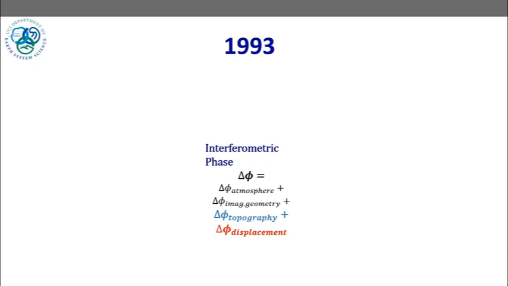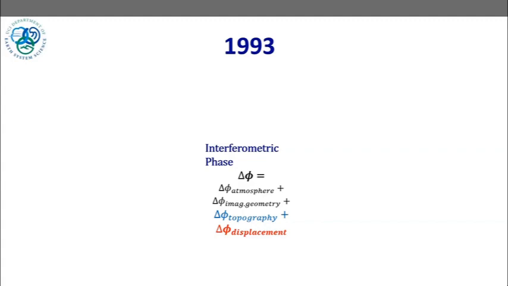But if you take the difference between two images and form the phase image, it turns out that this phase signal is sensitive to atmospheric changes. It's sensitive to the imaging geometry, which is a bit of a nuisance, but it's something that can be modeled and can be taken out.